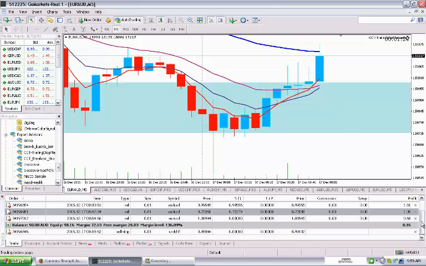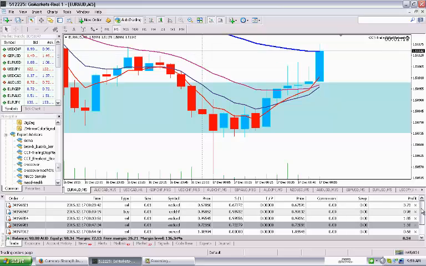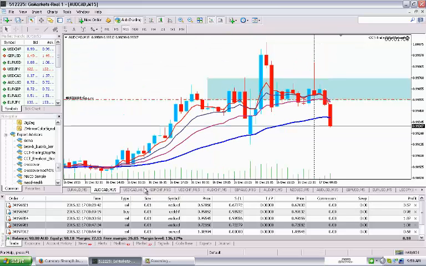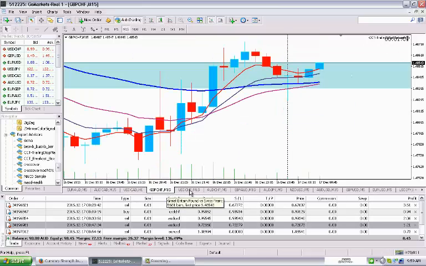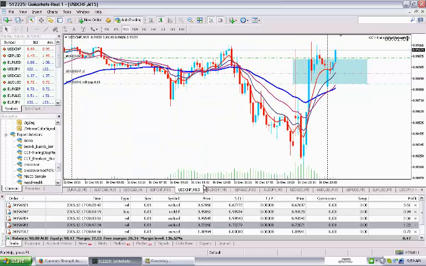We're up to $8 there already. It's all looking good. I've shut out all the other stuff, turned off all the potential trades that weren't looking like they were going anywhere. So I've taken them out. Pound Swiss is just not a good trade for the Australian market, I don't think.